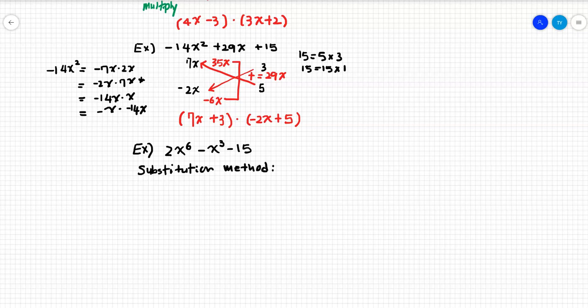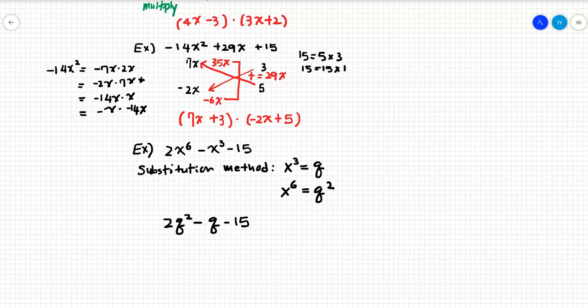So what I'm going to do here is call x cubed equal to q. Then you know that x to the 6 is going to be q squared, right, by the exponent rule. So if I rewrite this, I'll have 2q squared minus q minus 15.